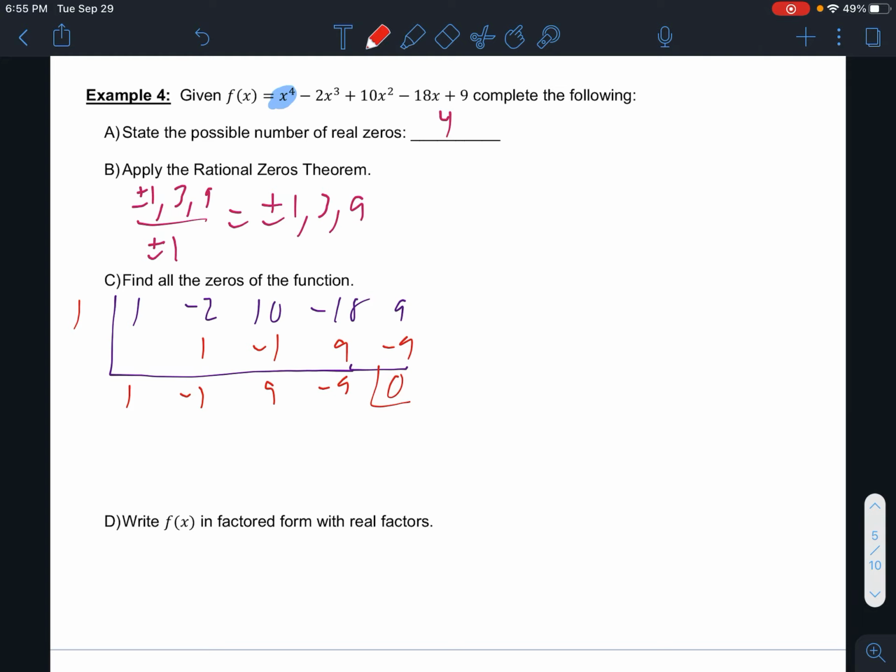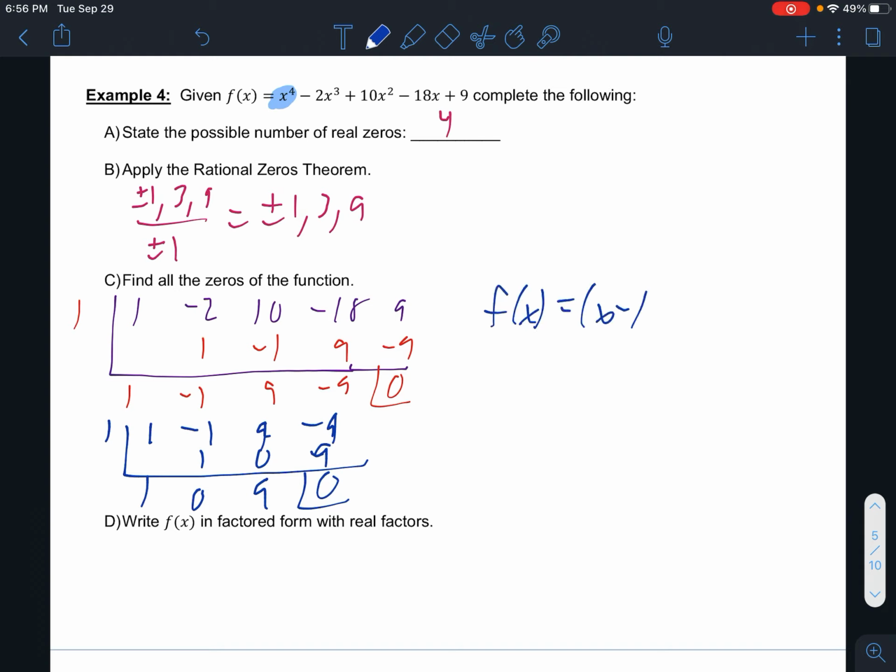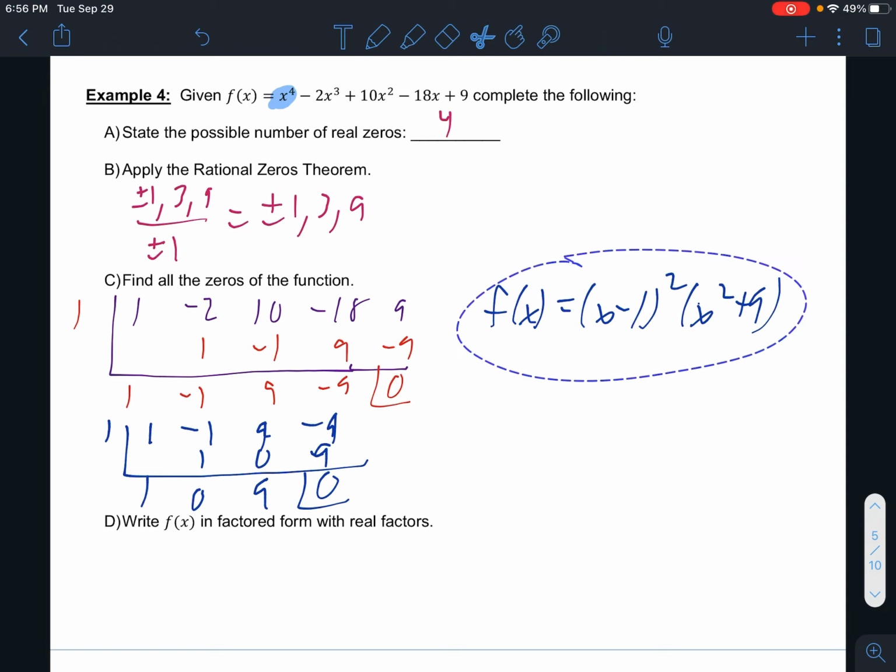So what happens if we try 1 again? It works again. So I can rewrite my function now as x minus 1 squared times x squared plus 9.